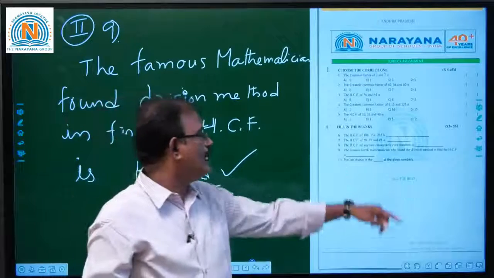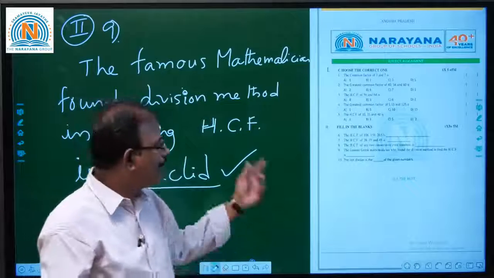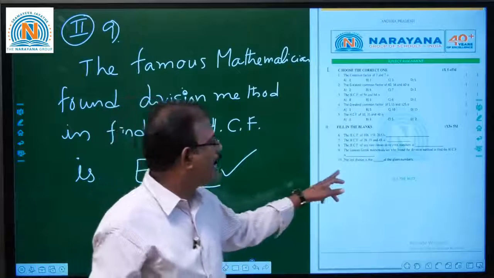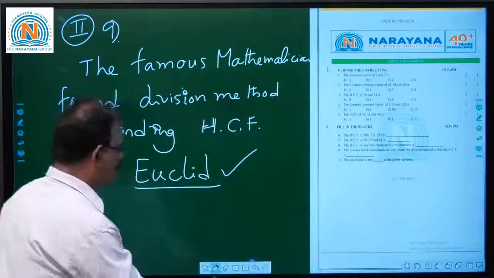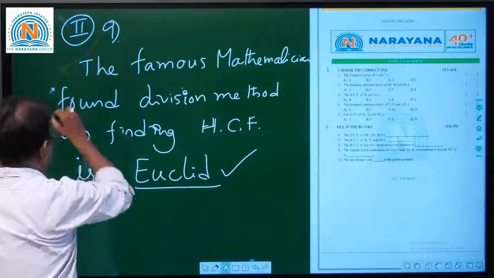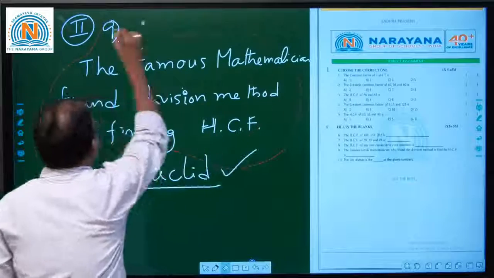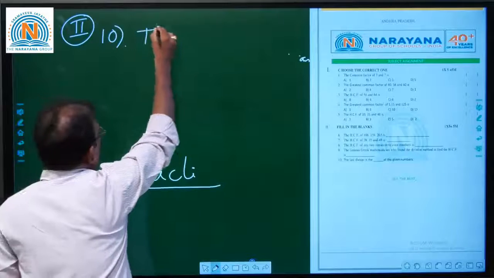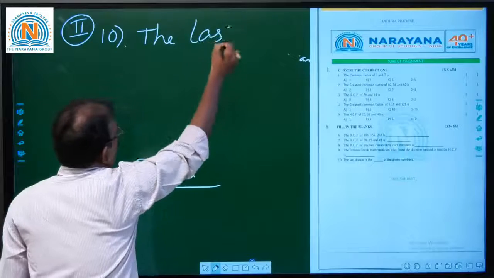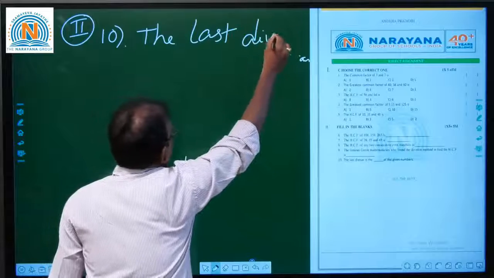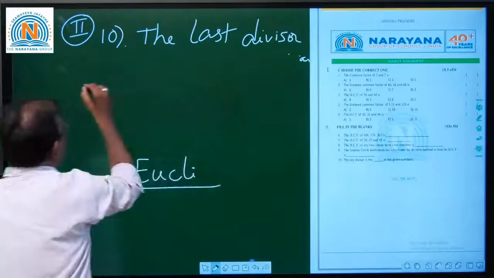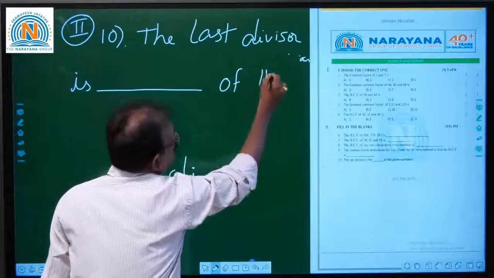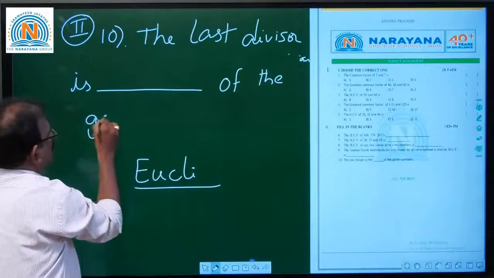So what is the last question, children? Whenever we are applying the division method, what is the last divisor? The last divisor is dash of the given numbers.